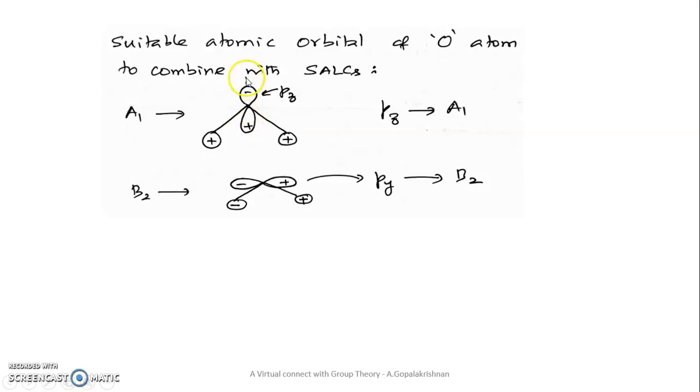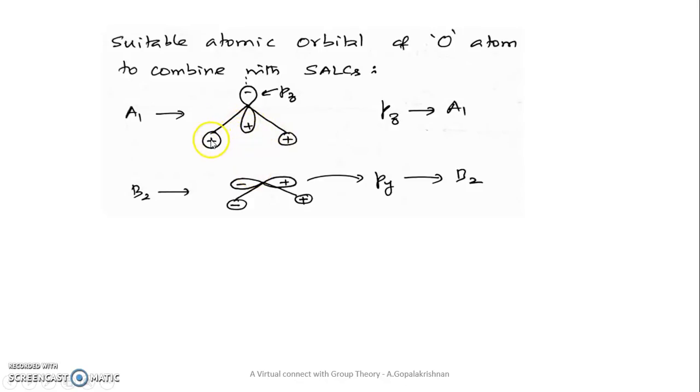Why is it pz? Because this is the z axis. So this orbital is called a pz orbital, having positive sign below and negative sign above. Now see this, these two all have the same sign, so they are in phase. All the lobes are in phase, therefore they combine and form molecular orbitals.